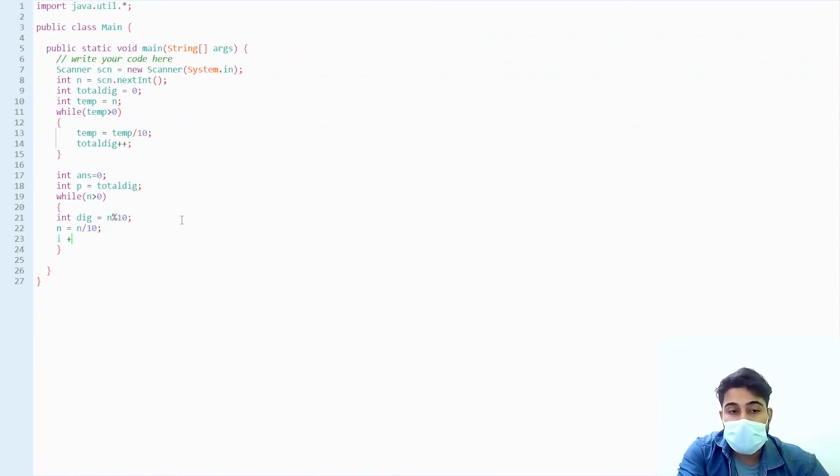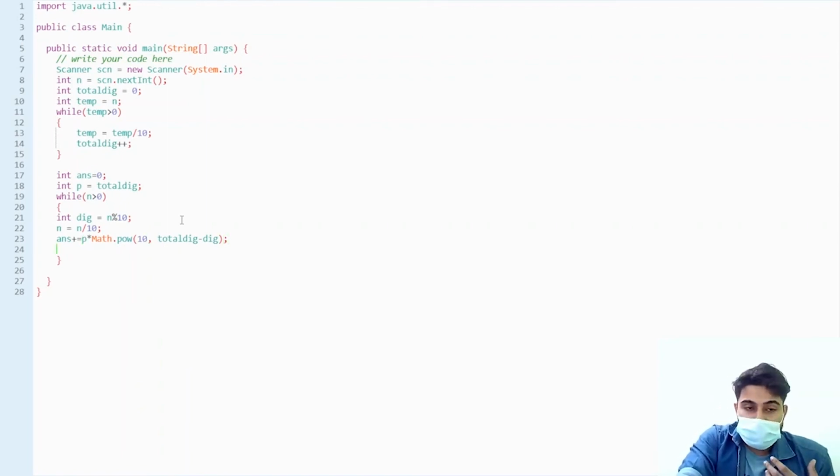We'll do it by p multiplied by Math.pow of 10, comma, total digit minus digit. We know that total digit minus digit will give me the accurate position for that particular index. After finding it, I am going to add it in my answer, that is answer plus equals this.